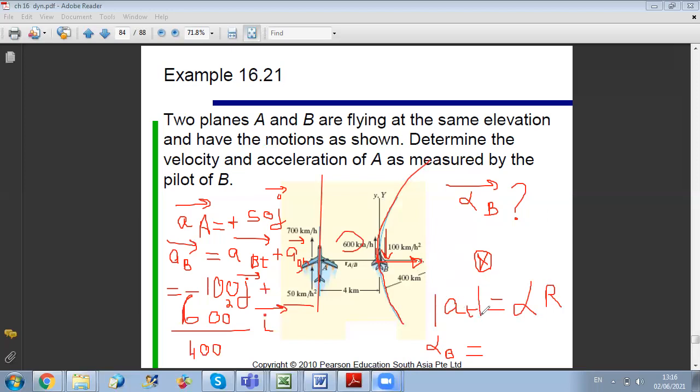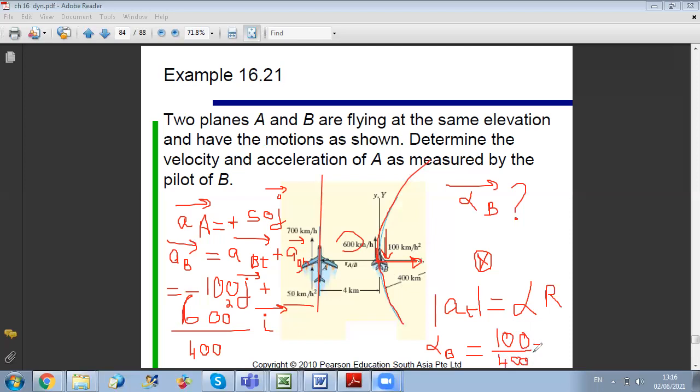Okay, magnitude first. And after, from the right-hand rule, I will determine the sense. So alpha B is AT, which is 100, over R, which is 400. So alpha is simply here 0.25.